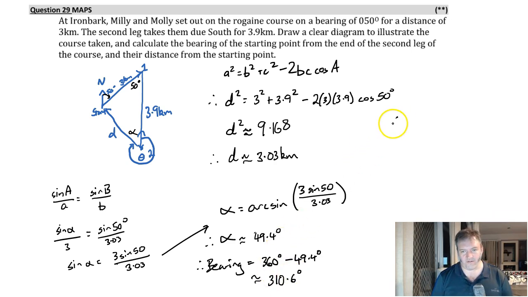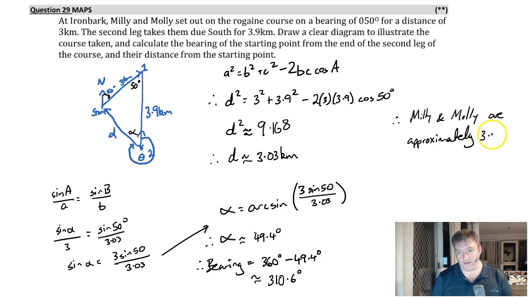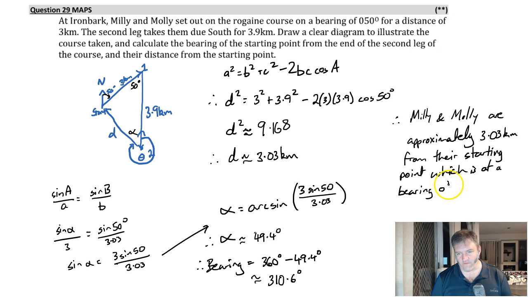And so you finish off with a nice little sentence: therefore Millie and Molly are approximately 3.03 kilometers from their starting point, which is at a bearing of 310.6 degrees from the end of the second leg.